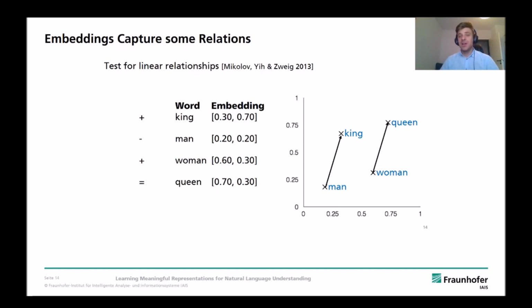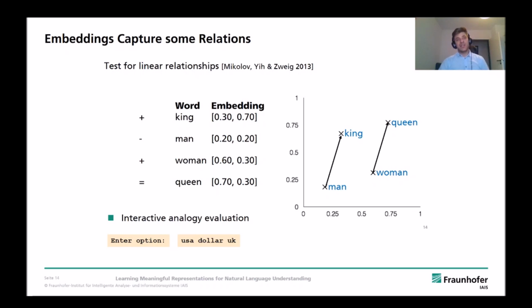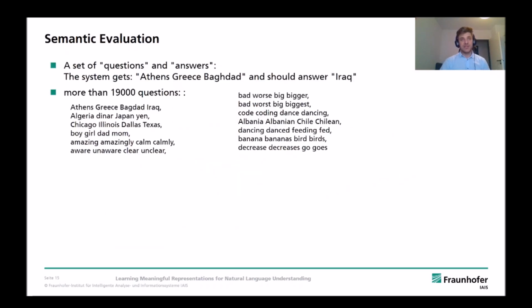So you can do vector arithmetic here with words. And as has been shown, you can do this for many more analogies. So USA to dollar is like UK to British pounds. And they found many more such relations which were captured by Word2Vec.